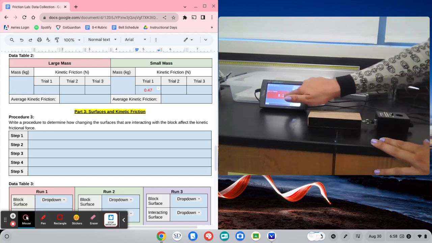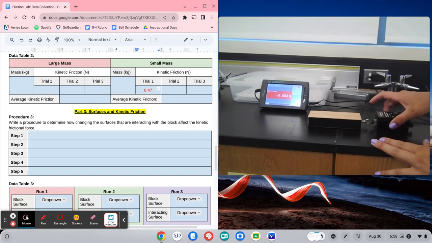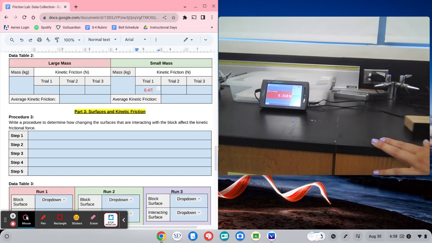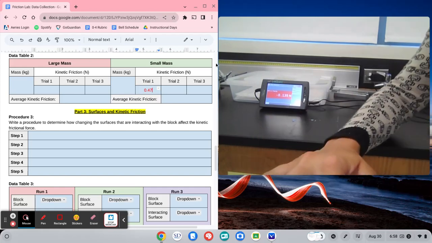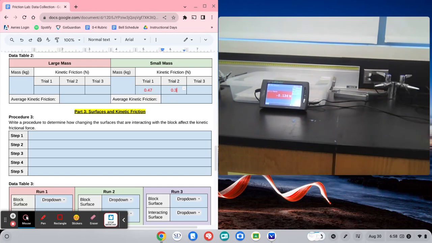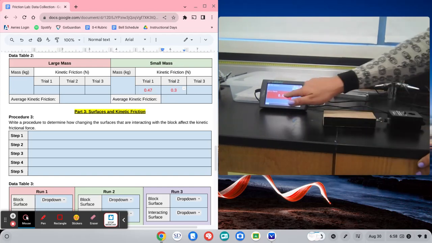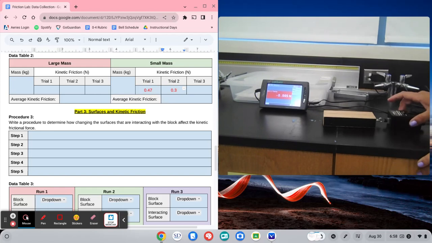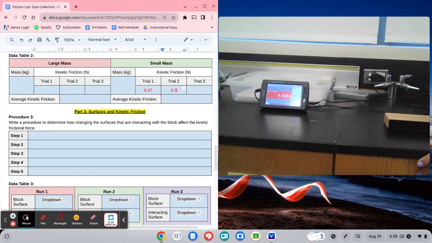Here's my next one. I'm going to zero out again. I got 0.3. My last one, I got 0.5.